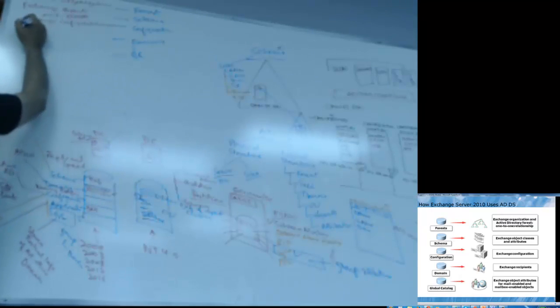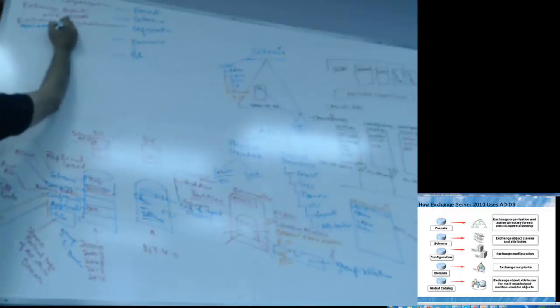What is an Exchange configuration? How many Exchange servers are there, and how are they connected with each other, how are they doing mail transport with each other? Basically all that configuration.